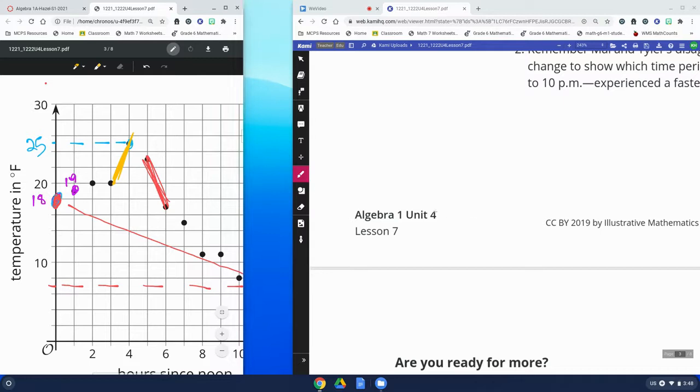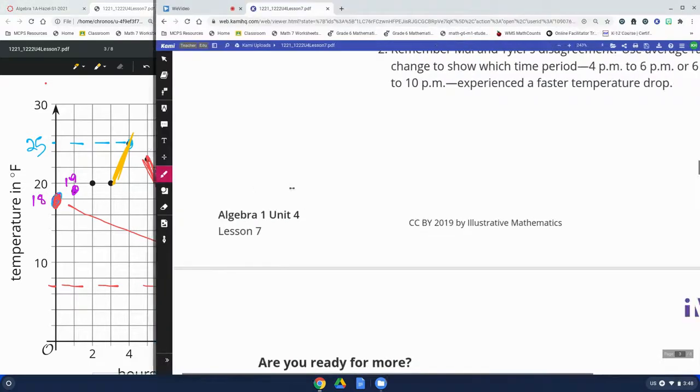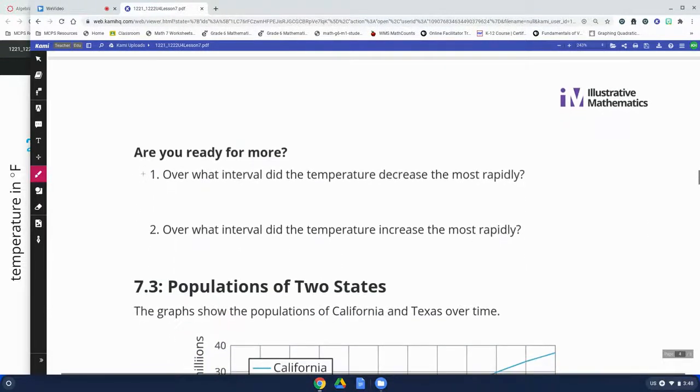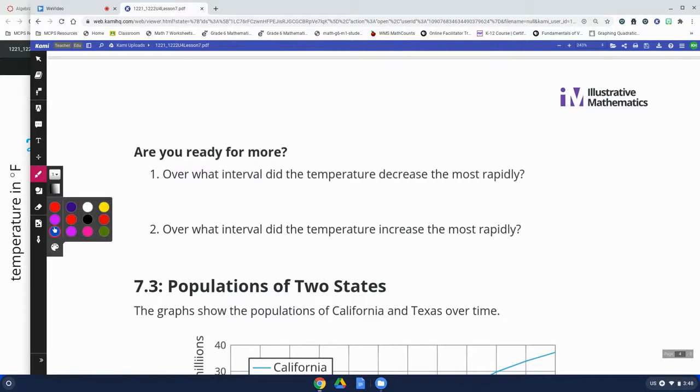So here, I would say between 5 and 6. And here between 3 and 4.